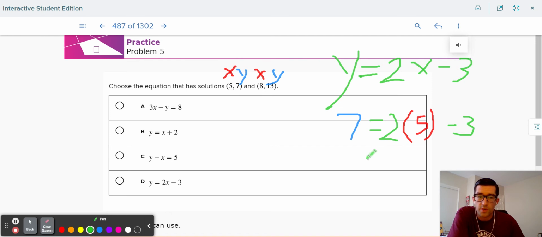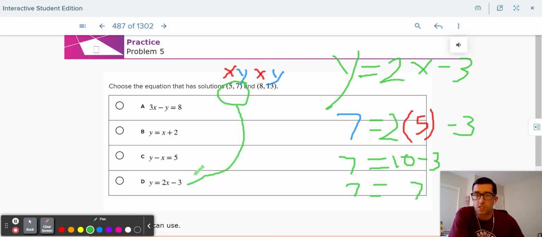And now 2 times 5, well, that makes 10. All right. 7 stays the same. 10 minus 3 is 7. So now we have 7 equals 7. That is a true statement. 7 is equal to 7. So that means that this first set is a solution to D.